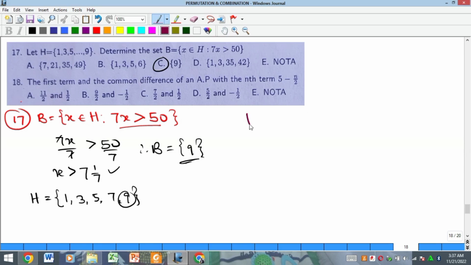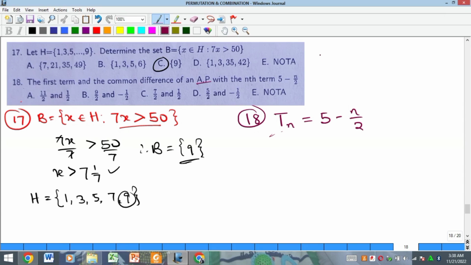So we go to number 18. Now remember that number 17 is from set theory. Number 18 is from sequences and series, particularly arithmetic progression. So we are given an expression for the nth term, and they said it is equal to 5 minus n over 2. So the meaning is that whatever T you want to find, just substitute your n.